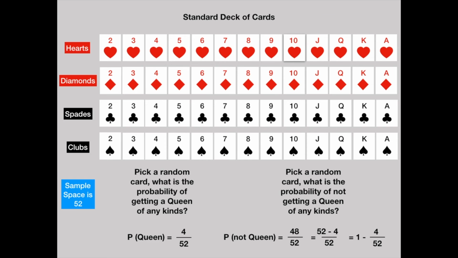And we noticed that if you take the sum of 4 and 48, you get 52. So 48 equals 52 minus 4, over 52. And then you can split it into 2 different parts, which equals 1 minus 4 over 52. And you can notice that 4 over 52 is the probability of getting a queen of any kind. So these 2 events are directly related. One is getting a queen, and the other is not getting a queen.